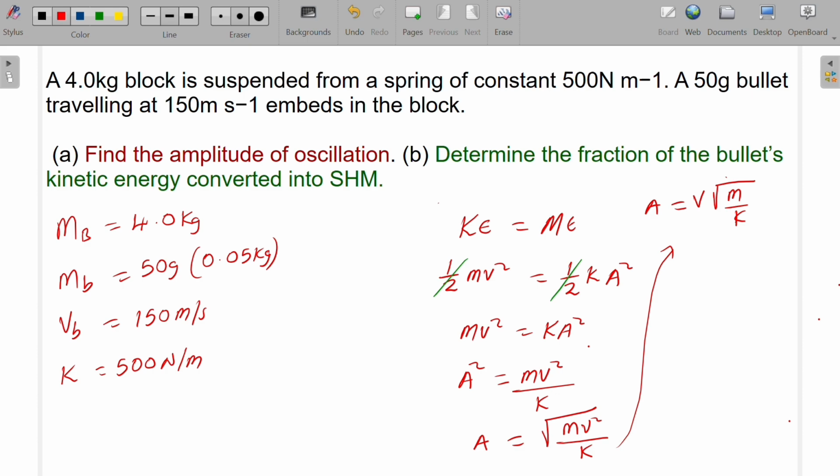So our amplitude can be given by this formula, where A is equal to V. This V is the speed that we calculated, multiplied by the square root of mass, which is the total mass, divided by the spring constant. So replacing here, you find that we have our V, which is 1 point. Let me do it on the other side.